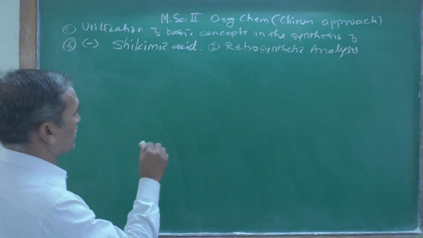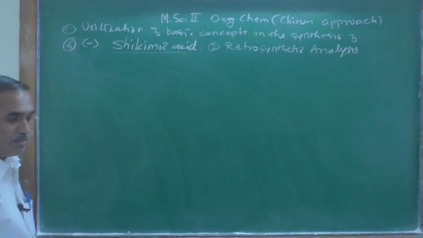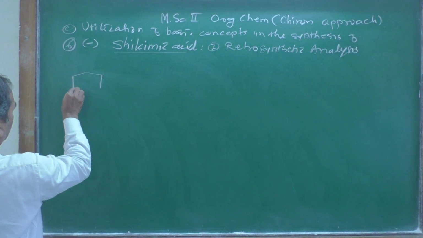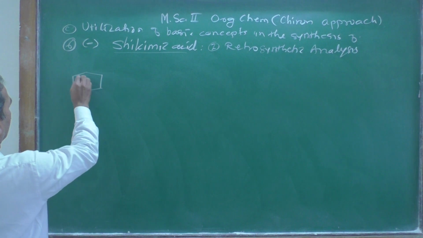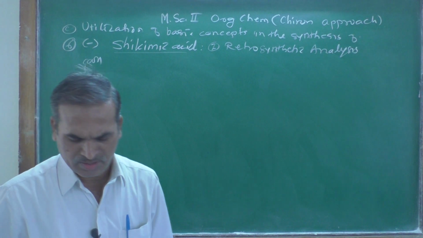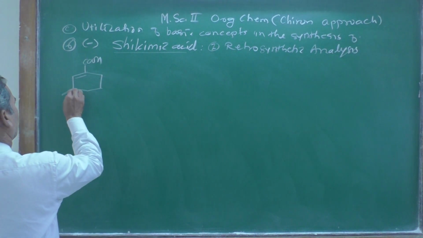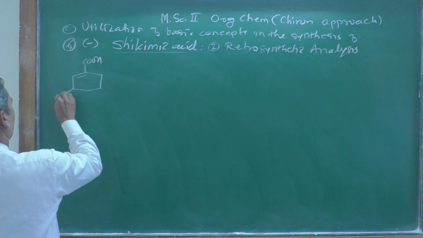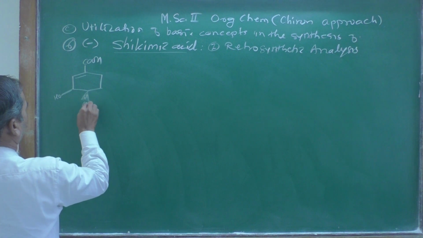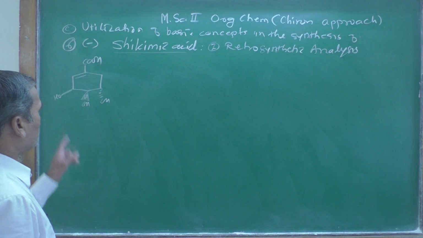Now, as we know, the target molecule is shikimic acid, whose structure we already saw at the beginning. This is the structure of shikimic acid: COOH on a C=C double bond, and toward the double bond there are two hydroxy groups above the plane and another hydroxy below the plane.